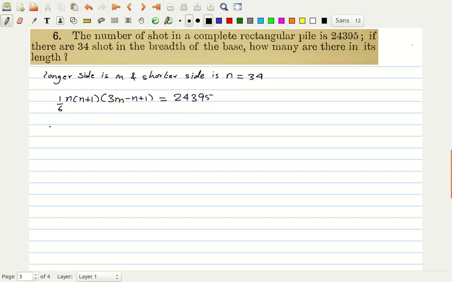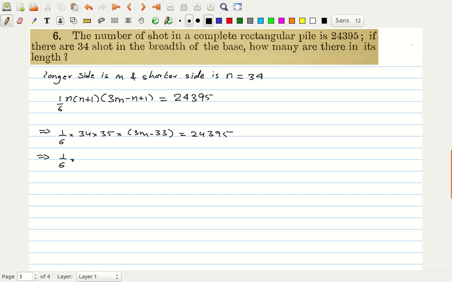So this is 1 by 6 times 34 into 35 into (3m minus 34 plus 1, which is minus 33) is equal to 24395.